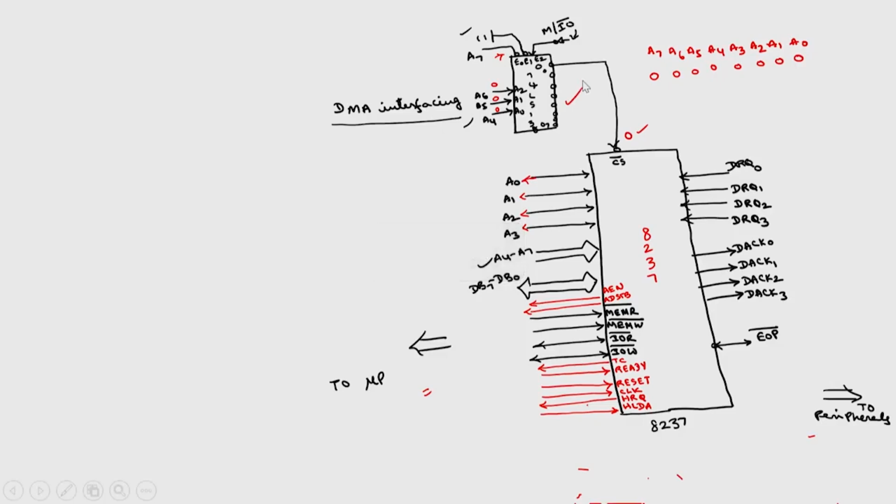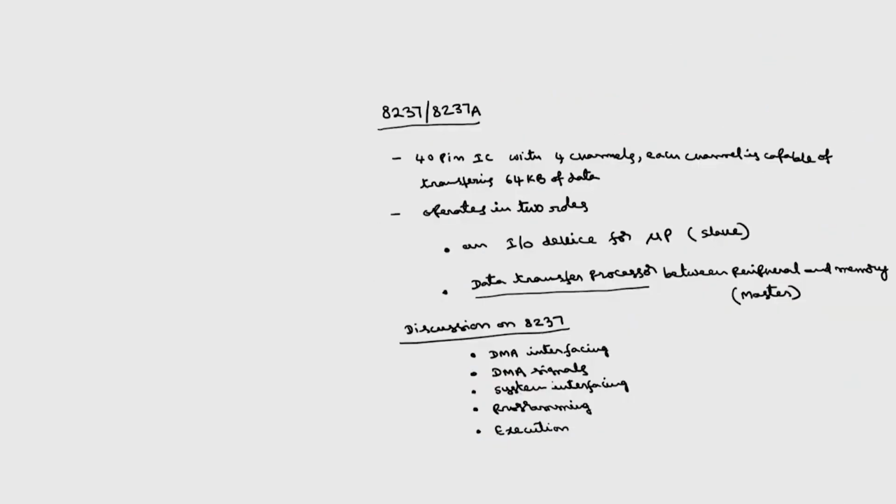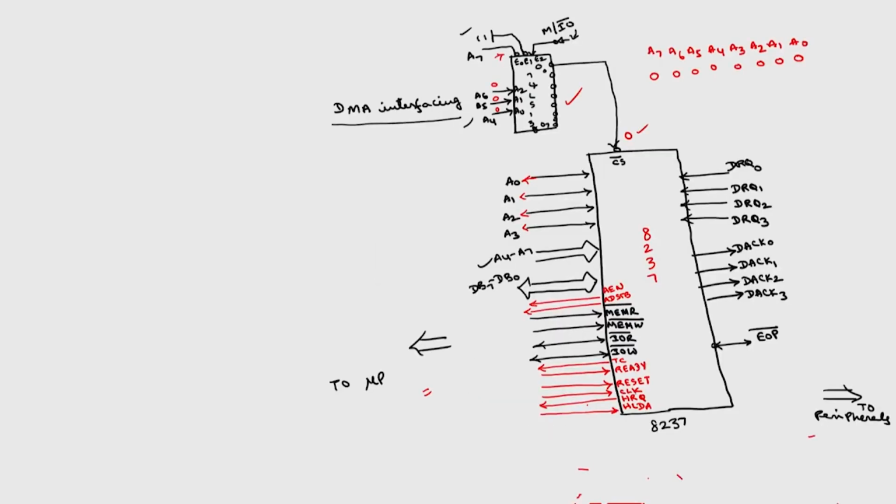Now, this is the second step, as I have told, for the clarity I have divided this discussion on 8237 into 5 subgroups. This is the interfacing circuitry, and the second one is the system. The DMA signals we have already discussed, all the functions of these DMA signals. The ready signal is generated whenever the 8237 is ready.